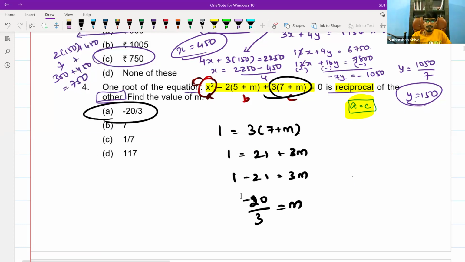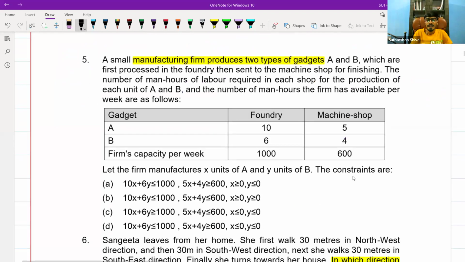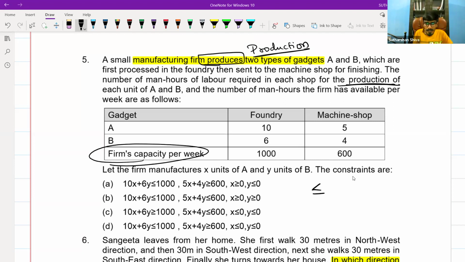Then question number 5. A small manufacturing firm produces, a production problem. Already I have given this in my tips and tricks series, and I have also discussed it in the Abhyasa series. If the question is based on a production problem, you will use the less than sign. The firm's maximum capacity per week is 1000, so I will restrict myself to less than or equal to 1000.